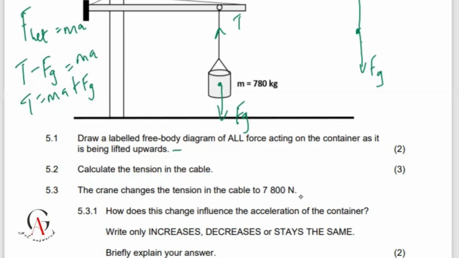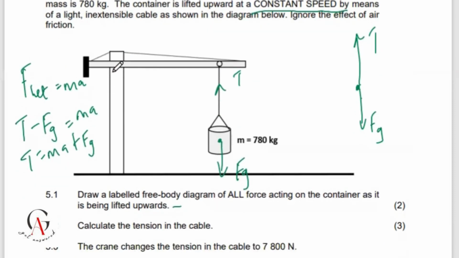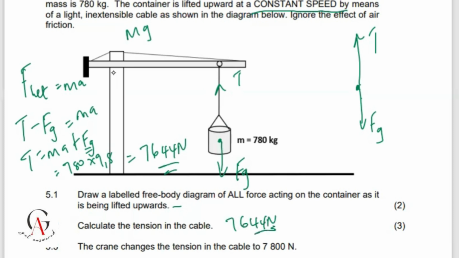But we know that the acceleration is going to be 0 since it is being lifted upwards at a constant speed. So we shall only be left with FG, which is the weight, and the weight is given as mg. So that's going to be 780 multiplied by 9.8. So 780 times 9.8 gives us 7644 newtons. So 7644 newtons becomes the tension force.